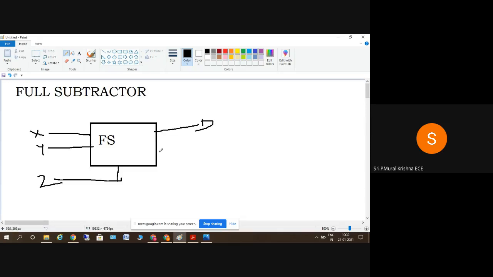And the same thing, the difference and a borrow.